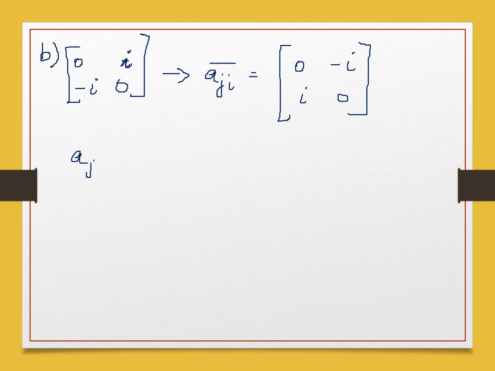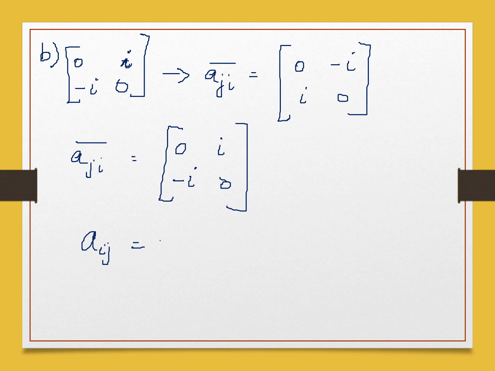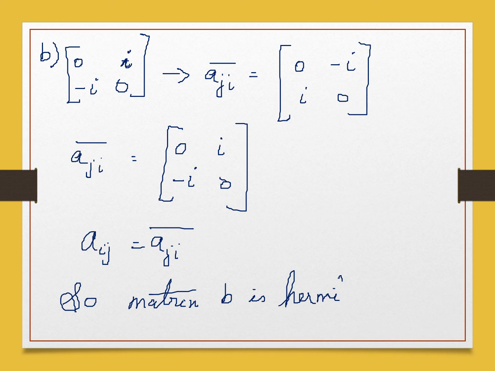And conjugate means we have to change the sign, so it will become 0, i, minus i, 0. So here you can see that aij is equal to aji conjugate. That means matrix B is a Hermitian matrix.